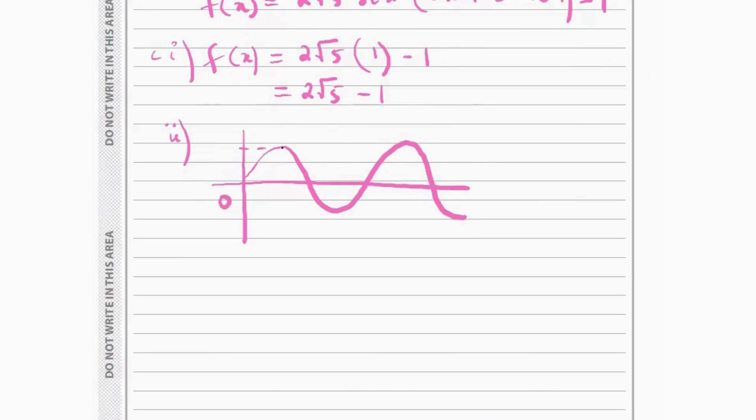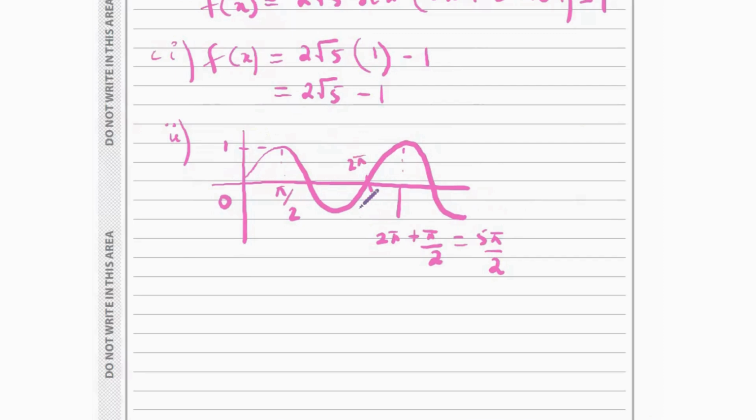Your first maximum value, which is 1, occurs at pi by 2. The second maximum value occurs over here after 2 pi. So 2 pi plus pi by 2 is equal to 5 pi by 2.